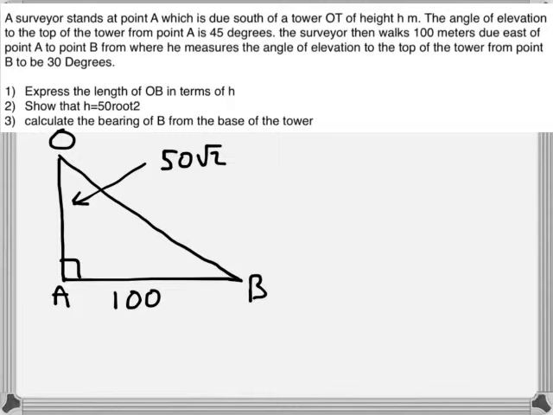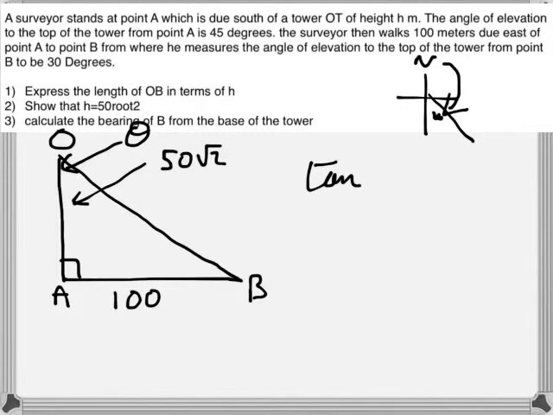If we can find this angle here, theta, then we can take it away from 180 and we can get the true bearing of B from O, because remember, true bearings come from north in a clockwise direction. So if we can find the angle just here, we can take it away from 180. So relative to theta, we have the opposite and adjacent. So we know that tan theta is 100 over 50 root 2.